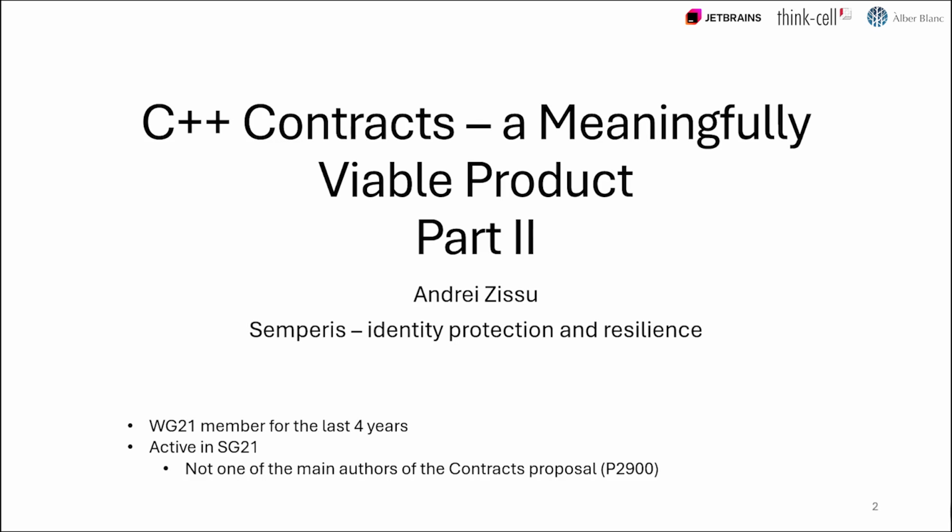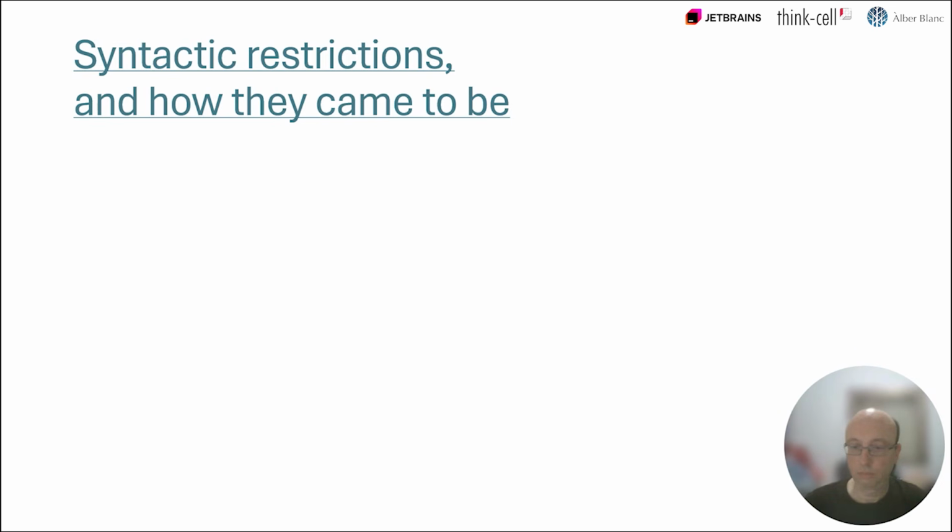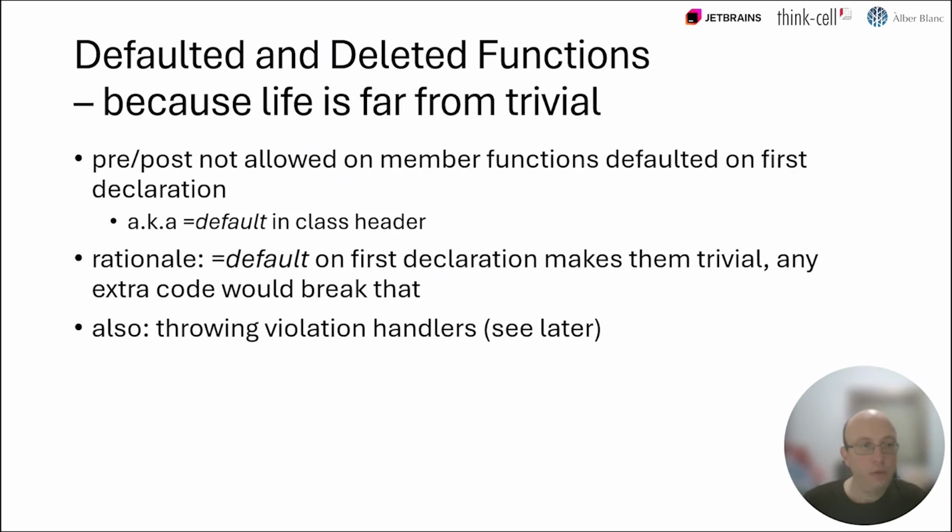So now let's continue to the rest of my presentation. We'll start by discussing some additional syntactic restrictions. The first one is in regard to preconditions and postconditions on member functions defaulted on first declaration.